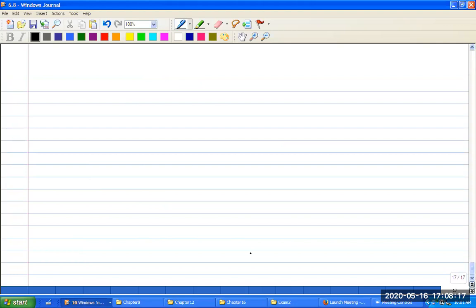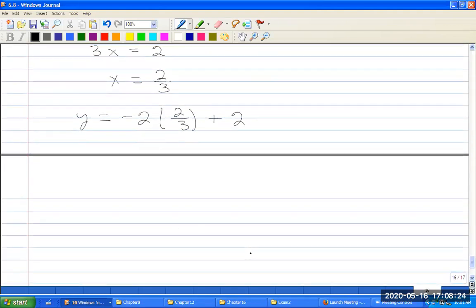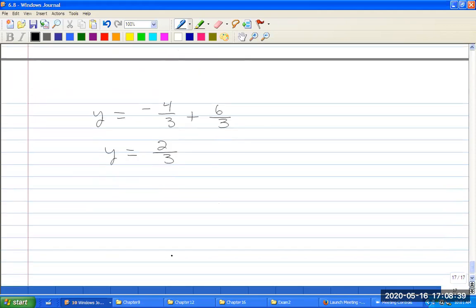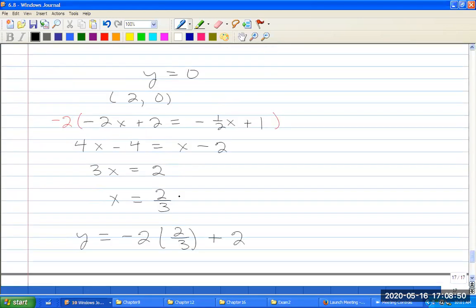So y is equal to negative 4/3 plus 2, which is the same as 6/3. So y is equal to 2/3. And so another point of intersection is at 2/3, 2/3.